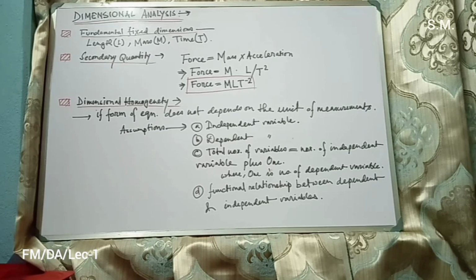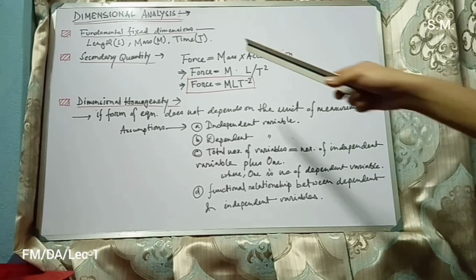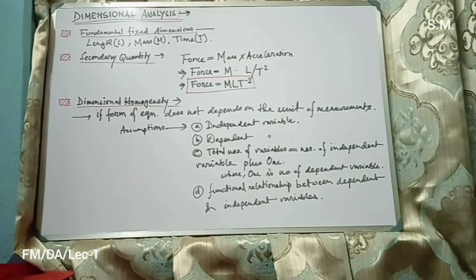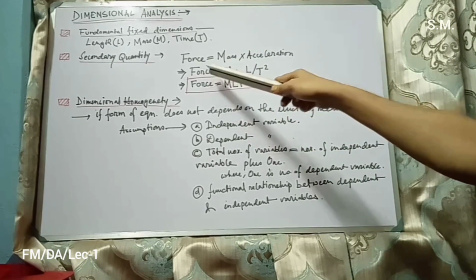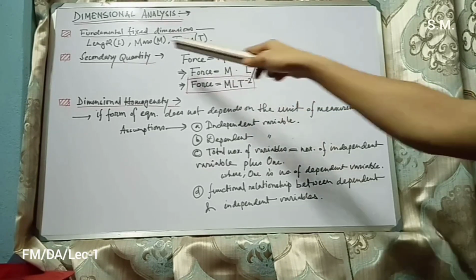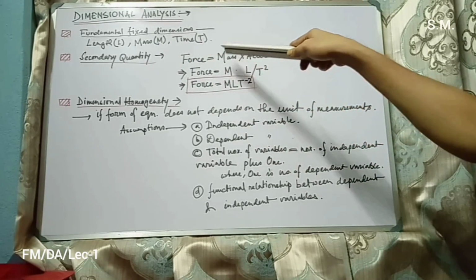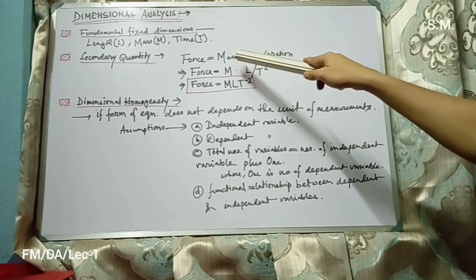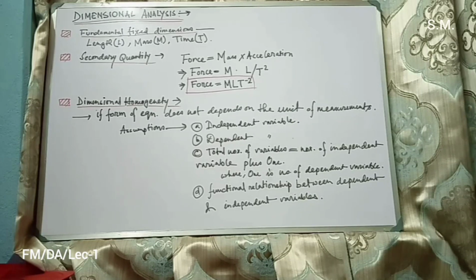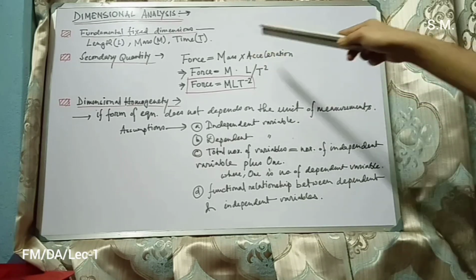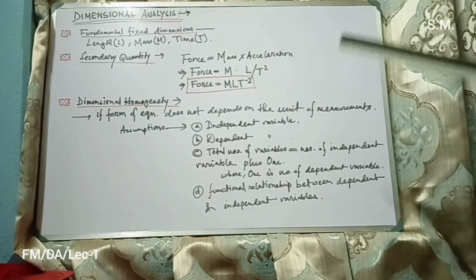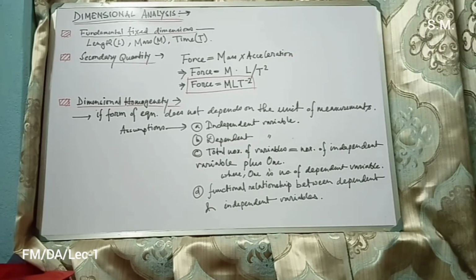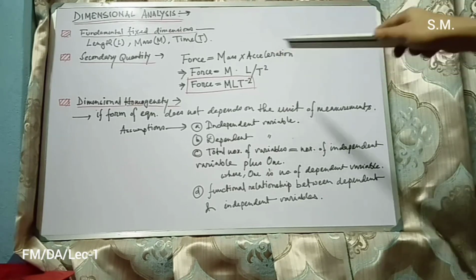We can write force equals mass into acceleration. Mass is a fundamental fixed dimension, so we can write M. And acceleration is length per time square, so L by T square.